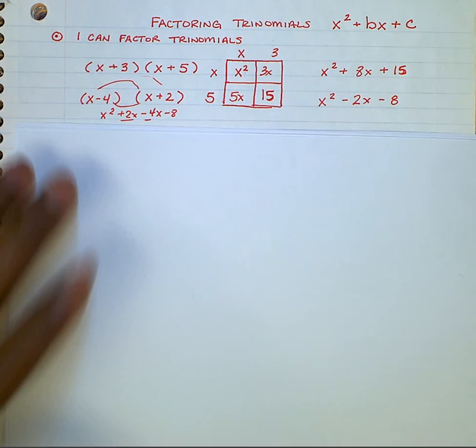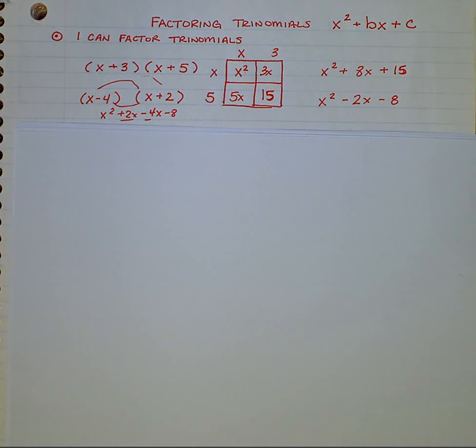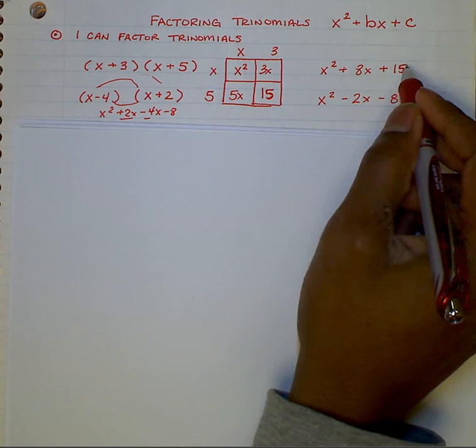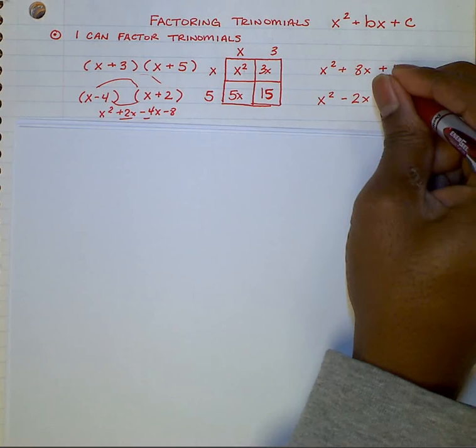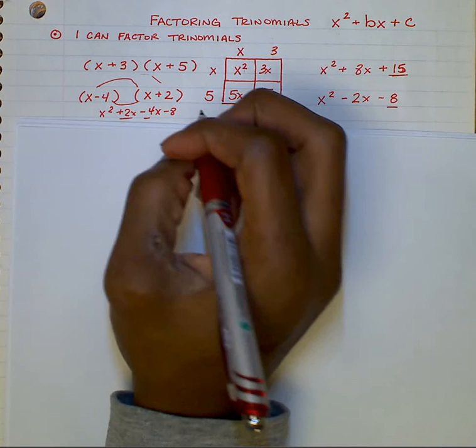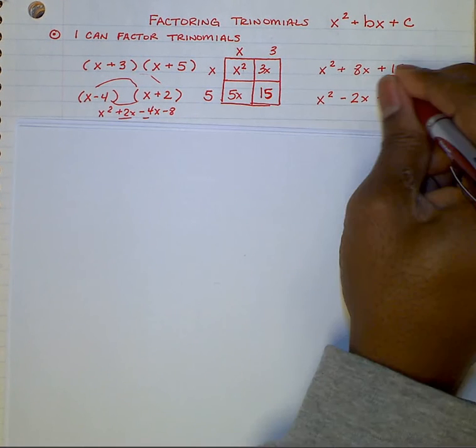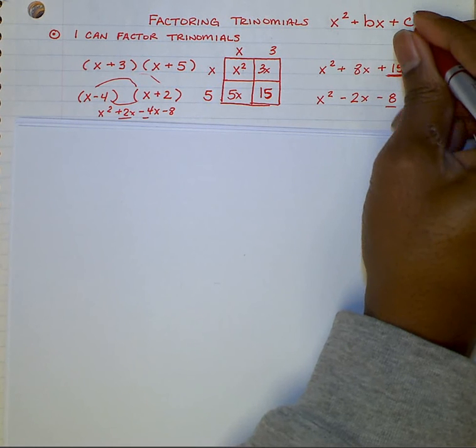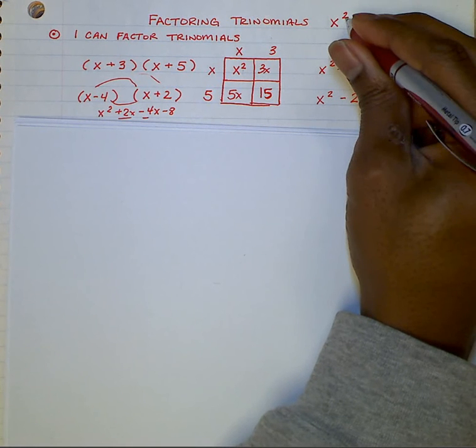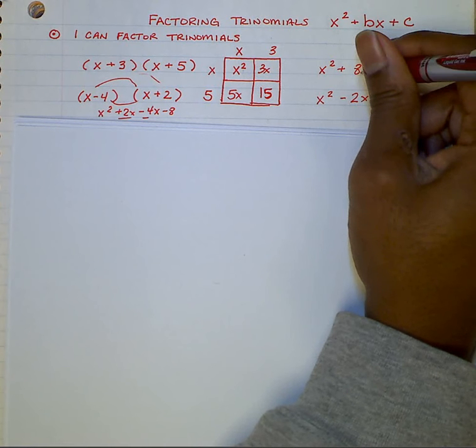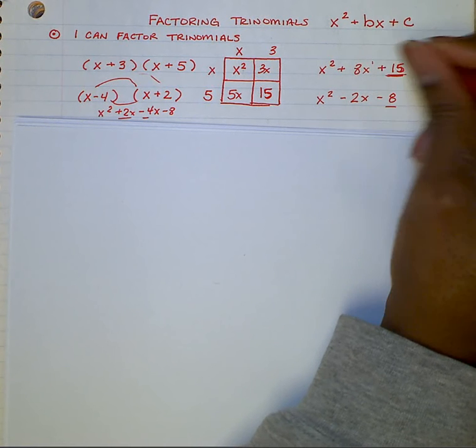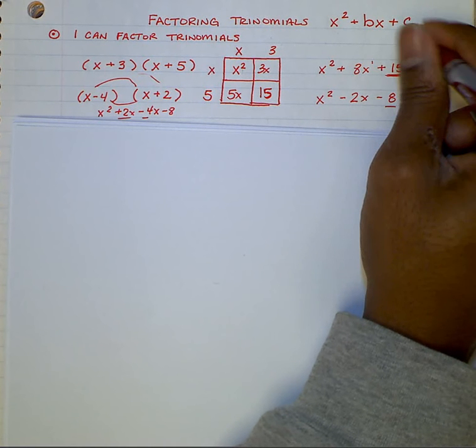So, a couple patterns. I want to point out a couple things that stay constant here, so that we can learn how to factor them, or at least use that information to factor. First notice that everything falls into this pattern, x squared plus bx plus c. b is the number in front of the x, and c is the number that doesn't have a variable by it.